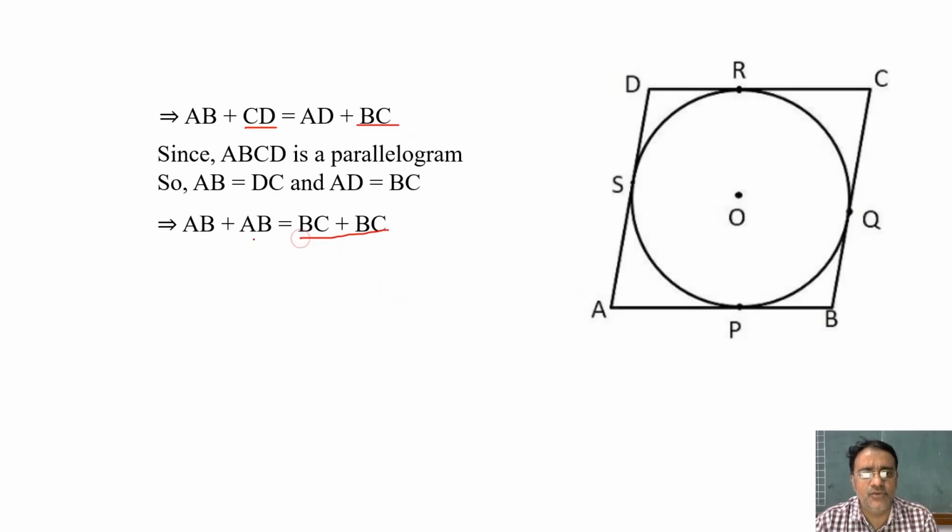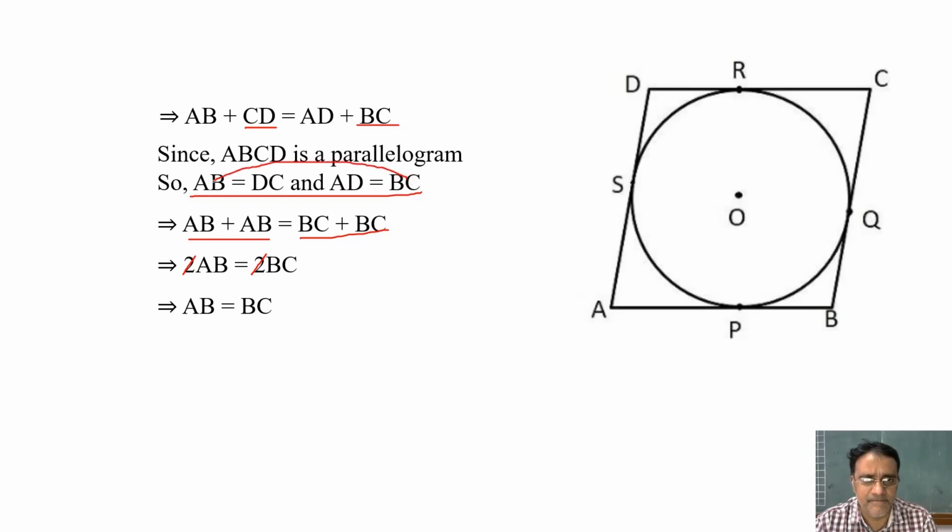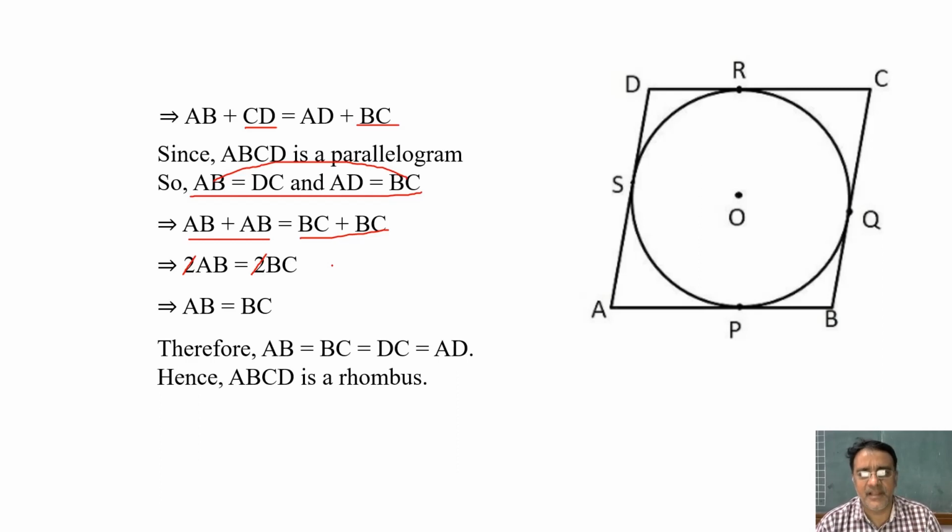Right, so 2 times AB is equal to 2 times BC. So it will give AB is equal to BC. अब ध्यान से देखो, this AB is equal to DC and AD is equal to BC, and these two are also equal. That means all sides are equal. Hence ABCD is a rhombus. Any doubt in this question?